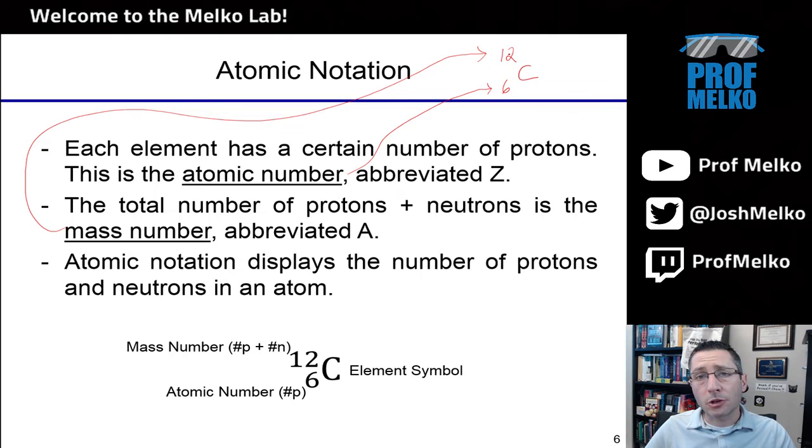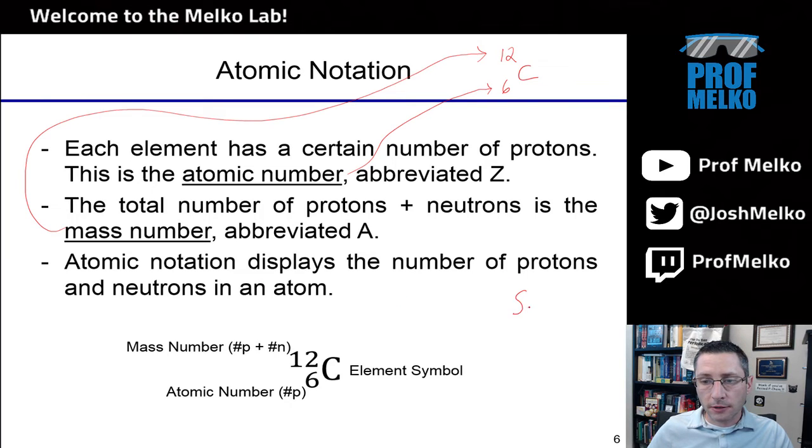Okay, so this mass number is always going to be greater or equal to this bottom number, because it's protons plus neutrons. Bottom number is just protons, the upper number is protons plus neutrons. So here, the carbon atom has 6 protons, we know that for sure. 12 minus 6 is 6, so it has 6 neutrons.